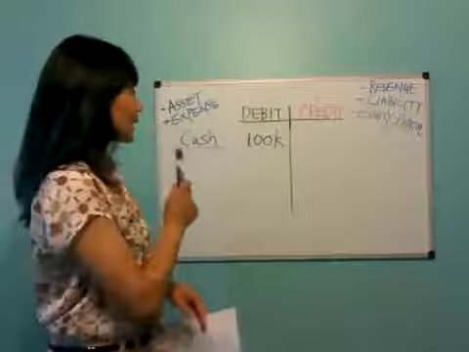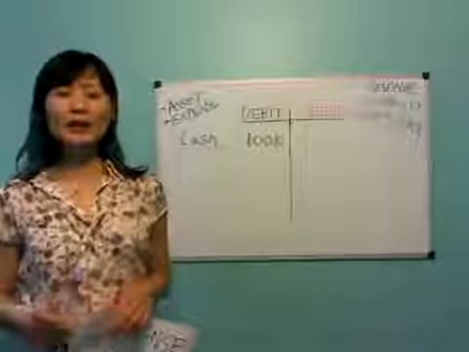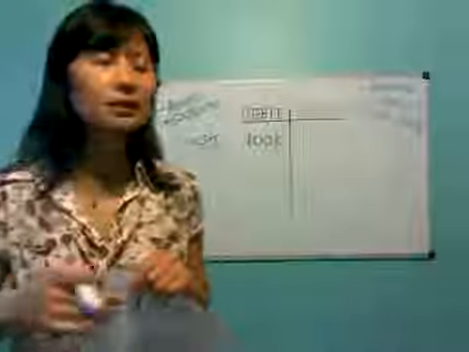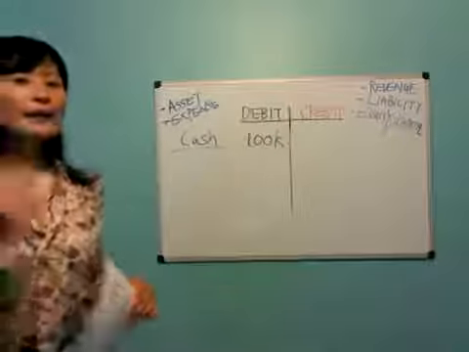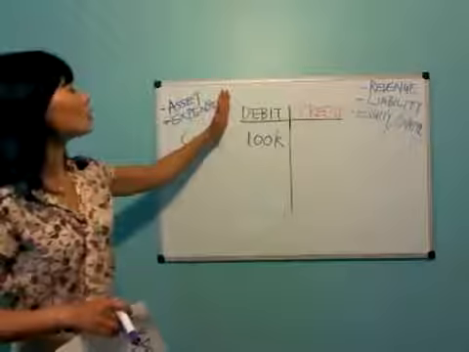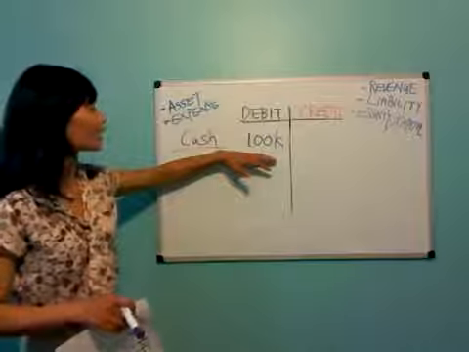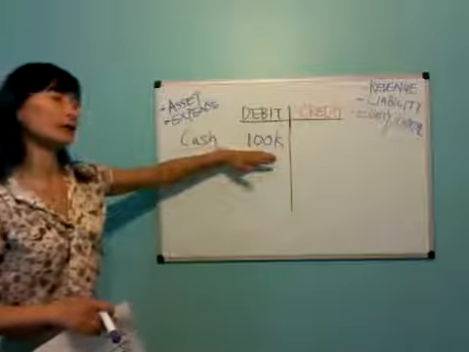That's the way of saying cash went up by $100,000. Instead of writing all that down, that today our company made $100,000, we just put it under the debit side. By doing that, you and I, who understand rules of debits and credits, understand our company just made $100,000. Cash came in today. Cash went up by $100,000.